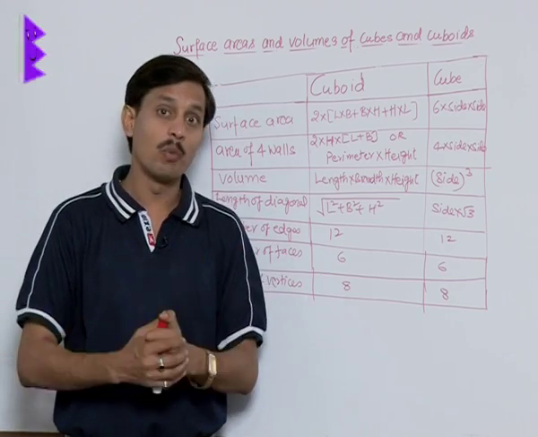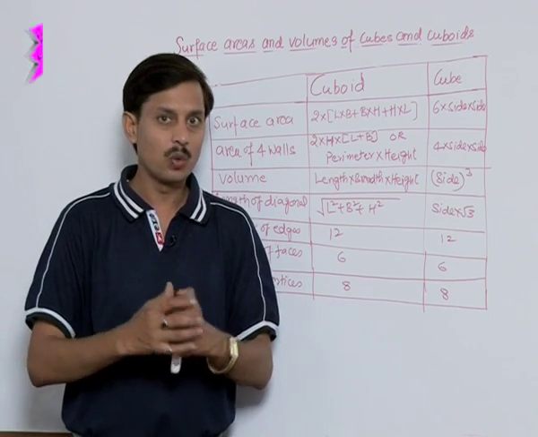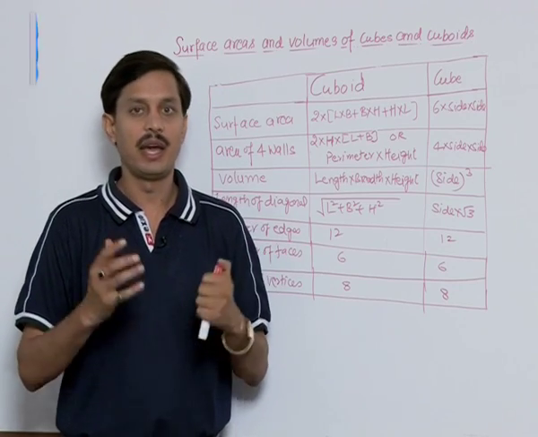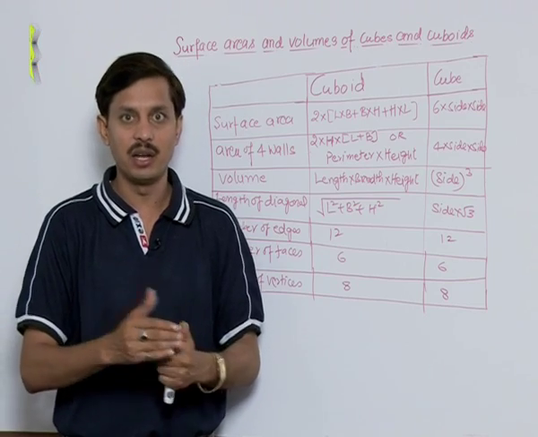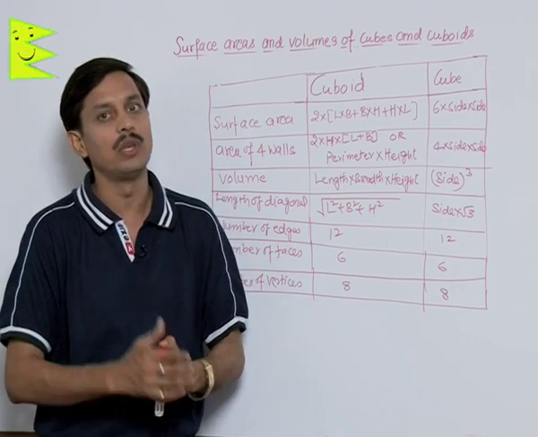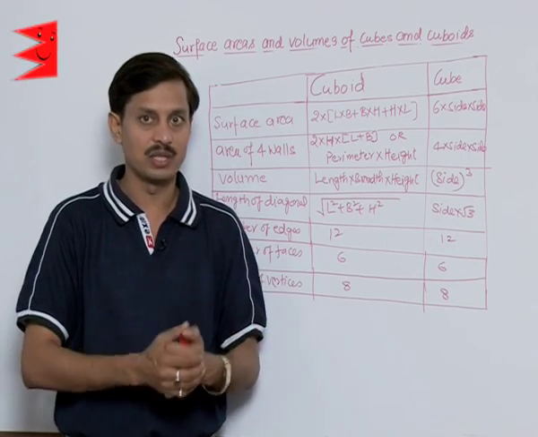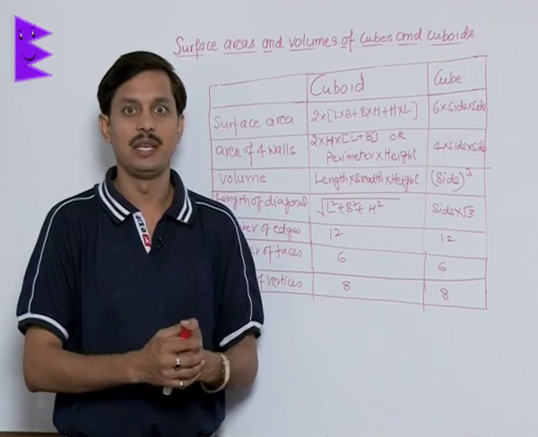A cube or cuboid has 12 edges. What are the 12 edges? There are 4 lengths, 4 breadths and 4 heights. All 4 heights are of equal length, all 4 lengths are of equal size, and all 4 breadths are of the same size.